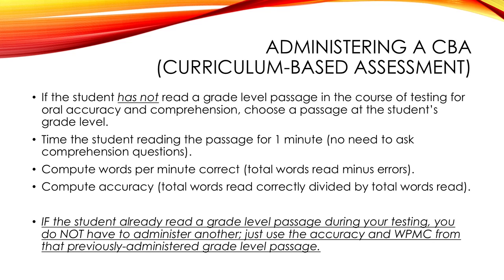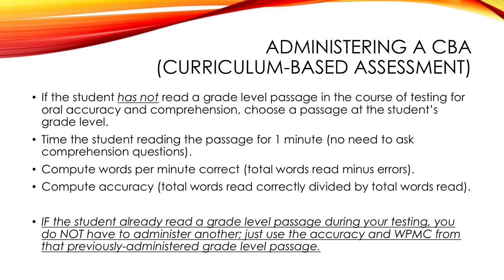But if you have to administer a new one, you're going to time the student reading the passage for 1 minute. They aren't going to read the entire passage, and they aren't going to answer any comprehension questions. They're simply going to read for 1 minute. You're going to count how many errors they make during that time, and you'll mark the last word read.